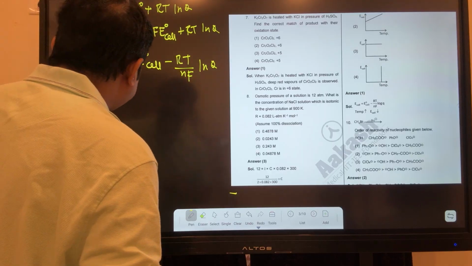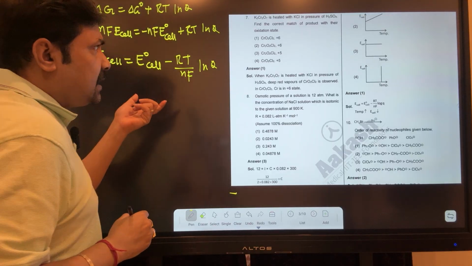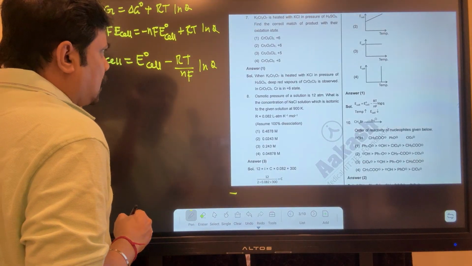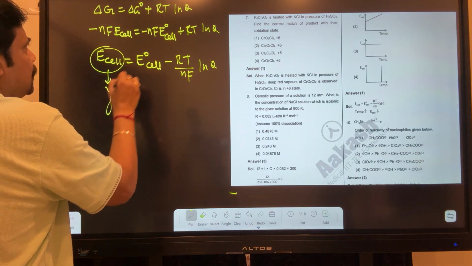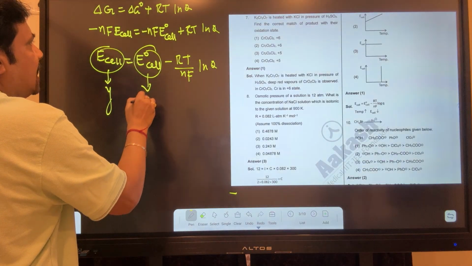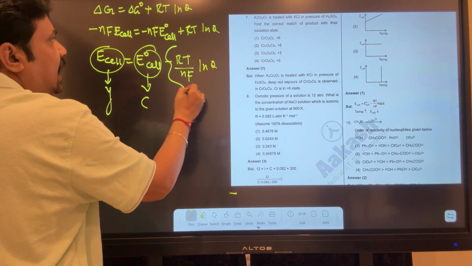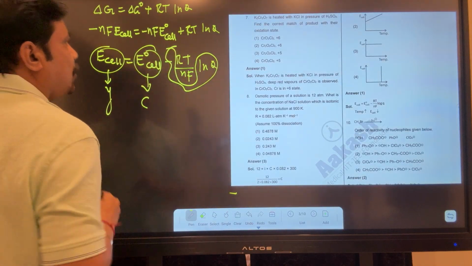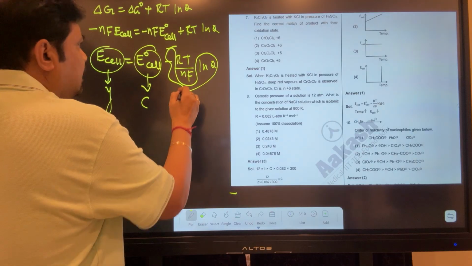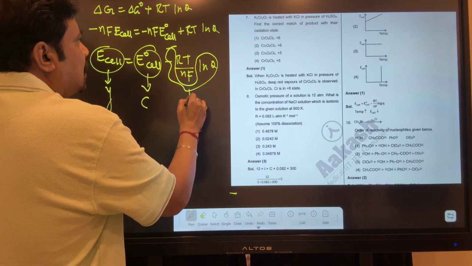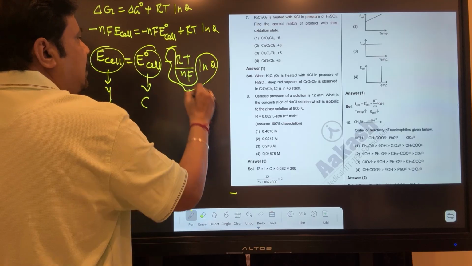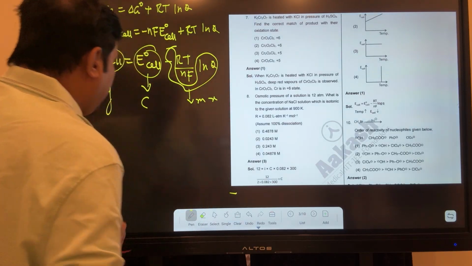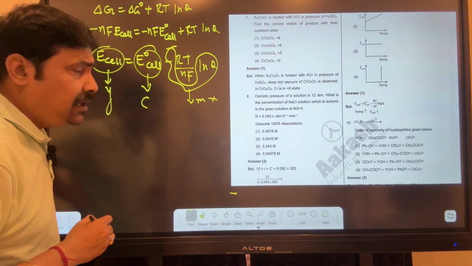Now they are asking for the E cell versus temperature plot. E cell is my y, E naught cell will be my c, and this entire part, minus RT by nF ln Q except T, is a negative slope, that is m, and then x is temperature. y equals mx plus c, a straight line equation.